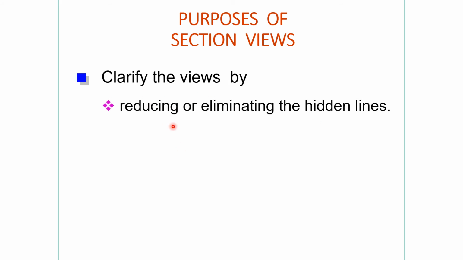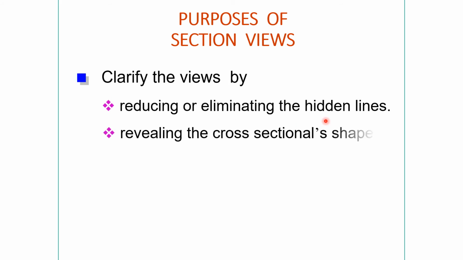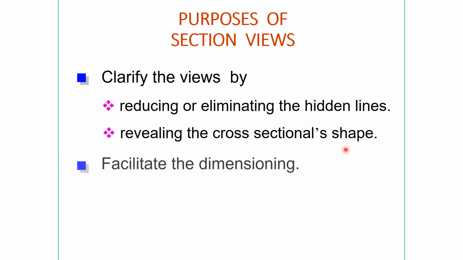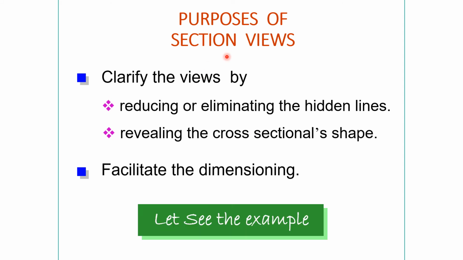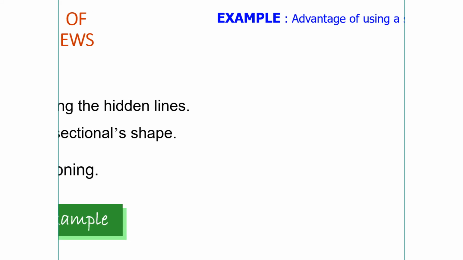So clarify the view by reducing or eliminating the hidden lines. Revealing the cross-sectional shape, what is the shape from the inside. Facilitate the dimensioning. At the end of this lecture, you will see we get more facilitation in dimensioning when we use section views. Let's see the example.